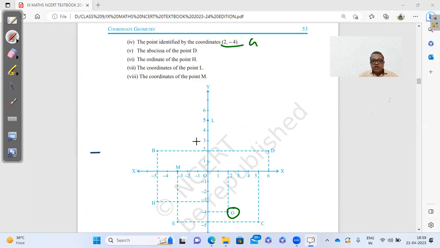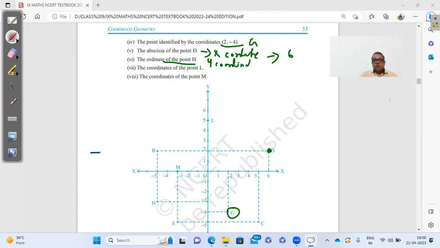Abscissa of the point D. Abscissa refers to the X coordinate. So when I'm talking about this point D, what is the X value? X value is 6. So abscissa of the point D, that means the X coordinate, is 6. Ordinate of H: when I'm talking about ordinate, I'm talking about the Y coordinate.